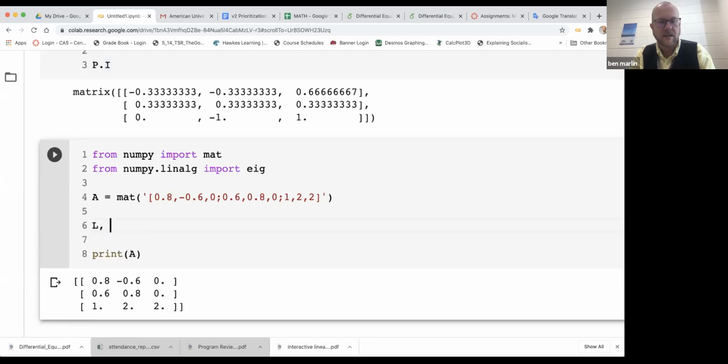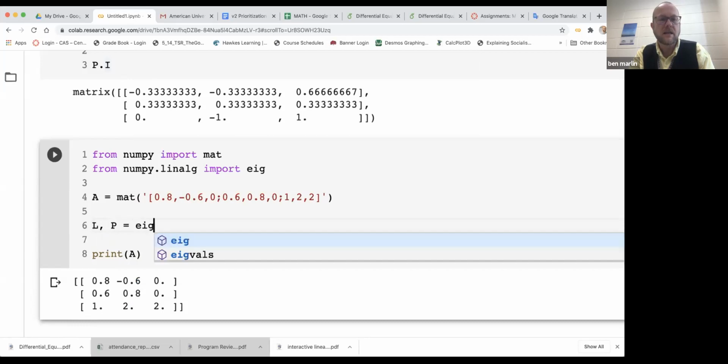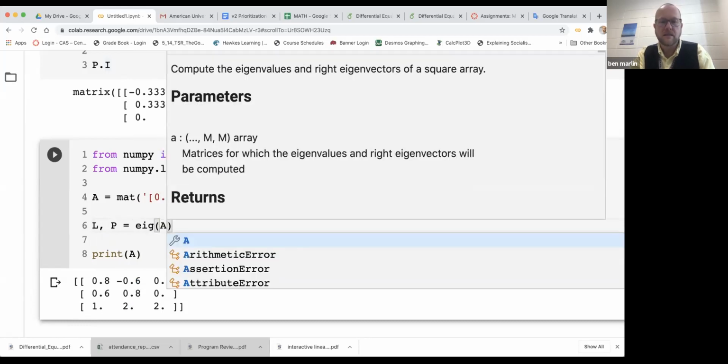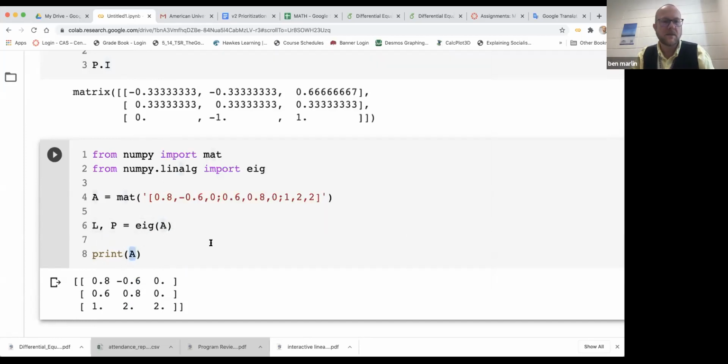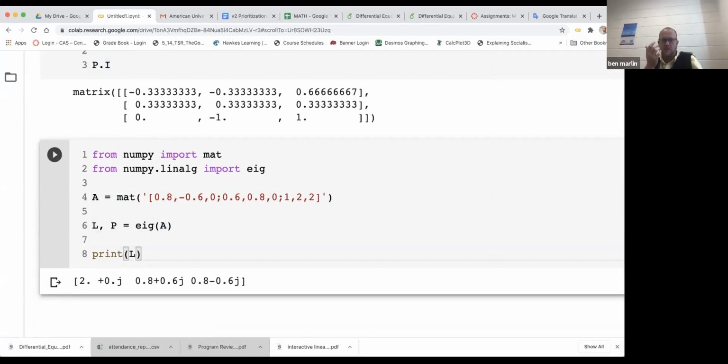And then the eigenvalues, I'm going to put them in a matrix called P. And I am going to say eig A. And then down here in the print statement, I'm going to ask it to just print my L for me. Okay, boom. So nicely enough, I was able to get the eigenvalues there.